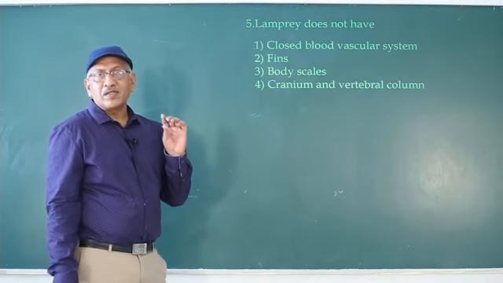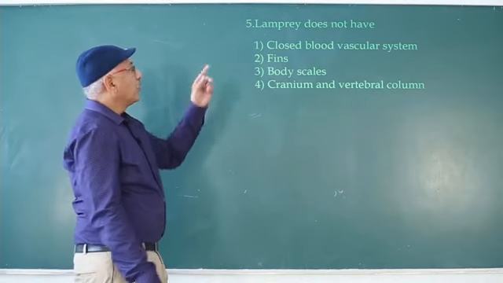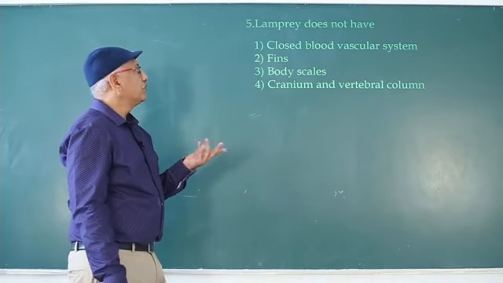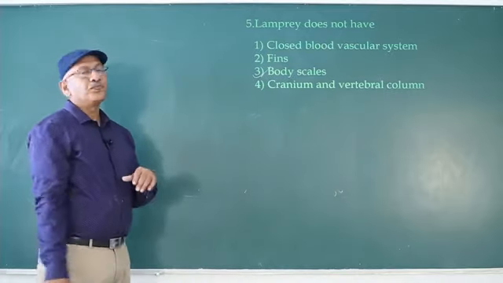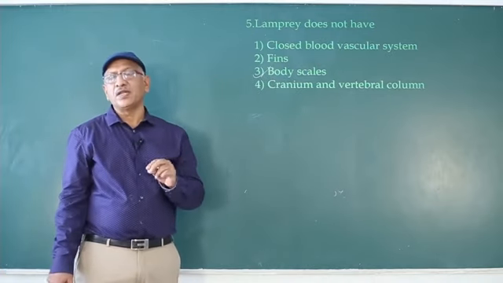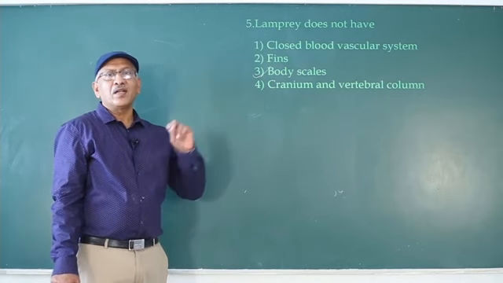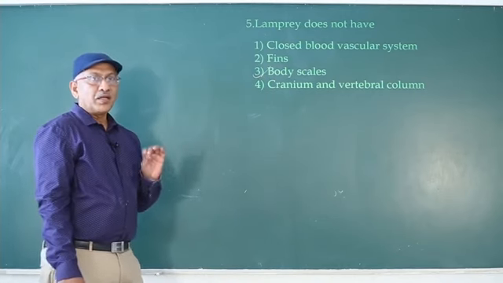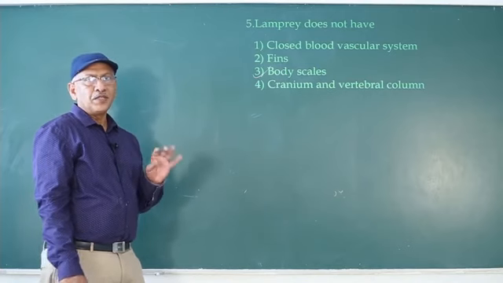All members of Agnatha possess unpaired fins. Closed blood vascular system is present. So the answer is body scales. Exoskeleton is absent in cyclostomata and in amphibian order Anura, frogs and toads.